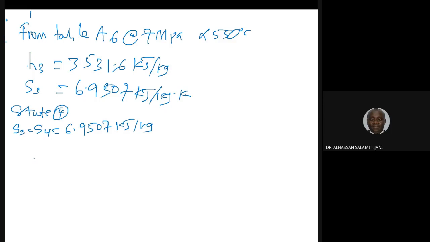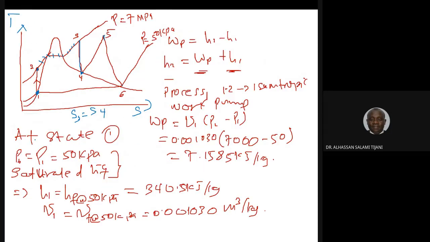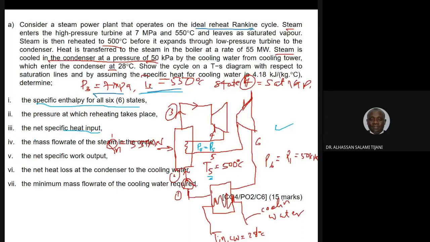So the pressure over there, we will discover the same pressure. Let me see over here. Oh yes, we want to determine the pressure at which the reheating is done.